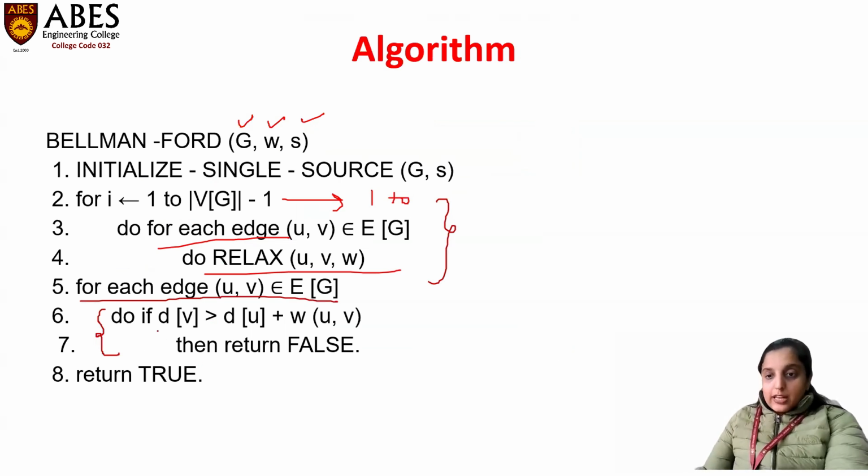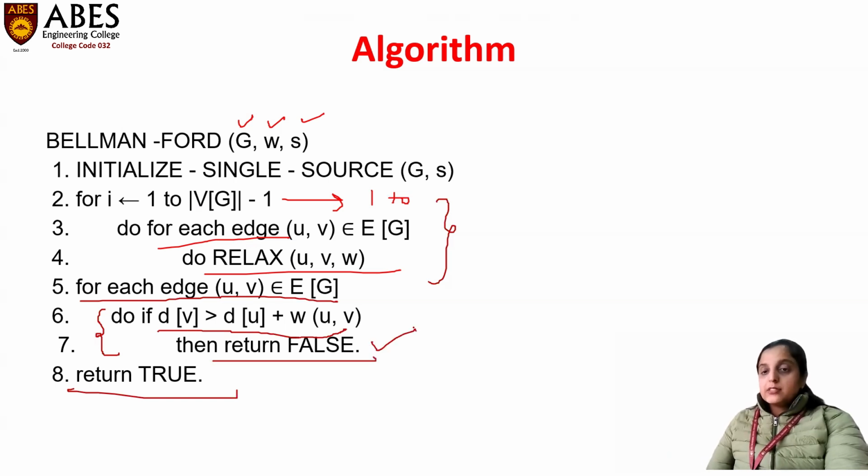And if any updation is still there, then you have to return true. Return true means this particular graph contains a negative weight cycle, so it cannot be solved. But if there is no updation at the last step, then you will return false, meaning this particular graph does not contain any negative cycle, and here is the final result that we are getting.